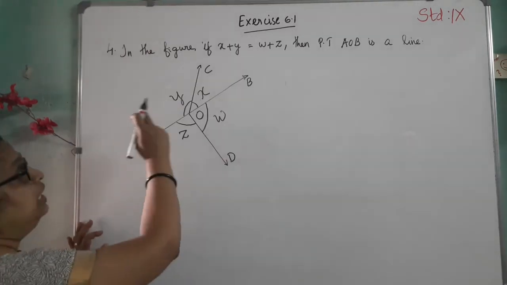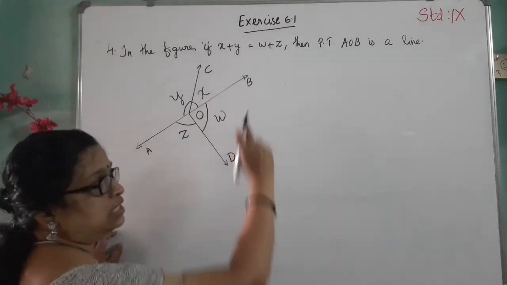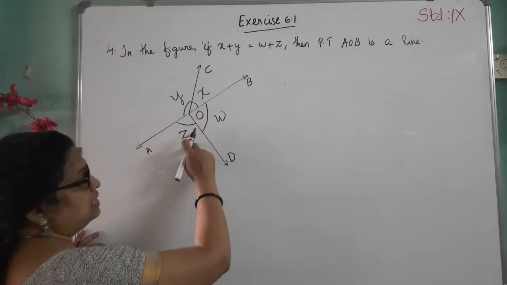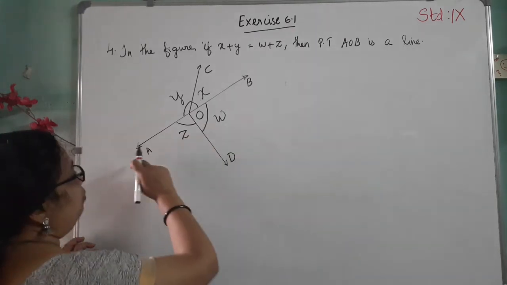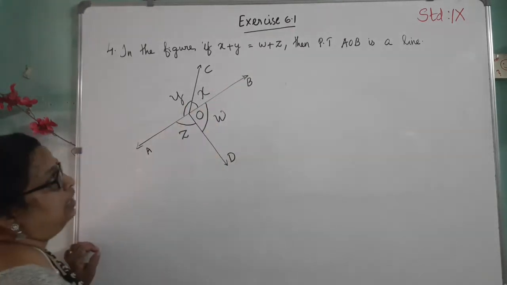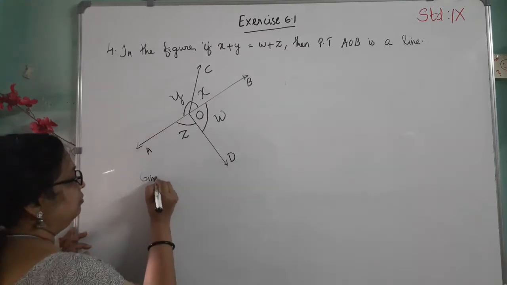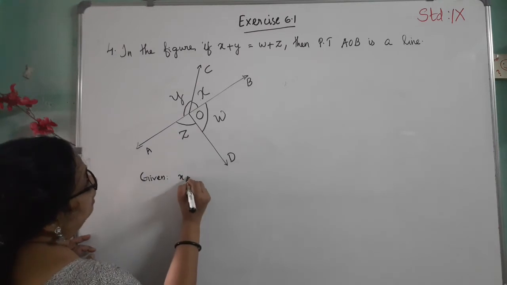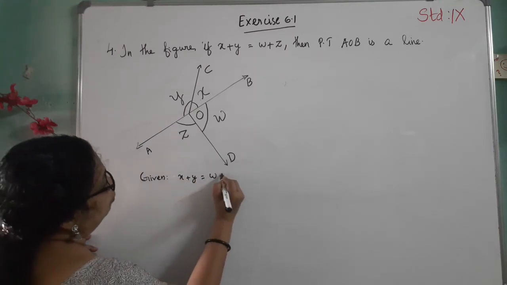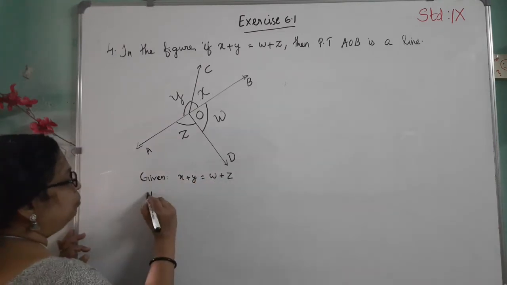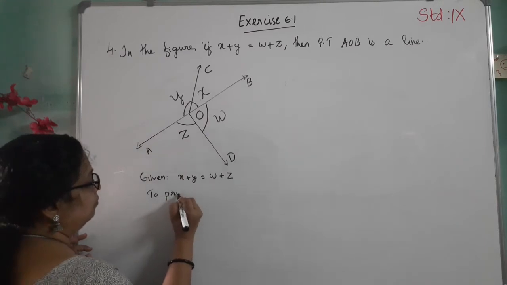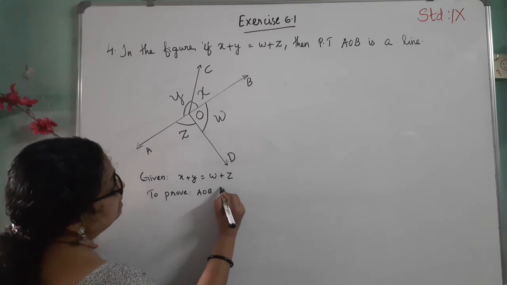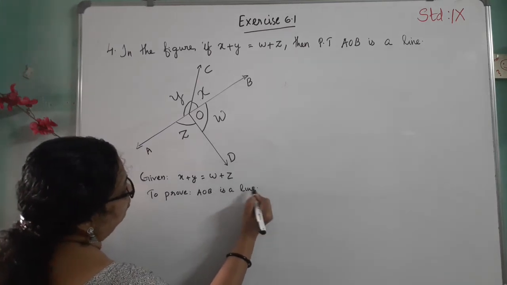Okay, fourth question. In the figure, if S plus Y is equal to W plus Z, that is this plus this equal to this plus this, then prove that AOB is a line. So given S plus Y equal to W plus Z, to prove AOB is a line.